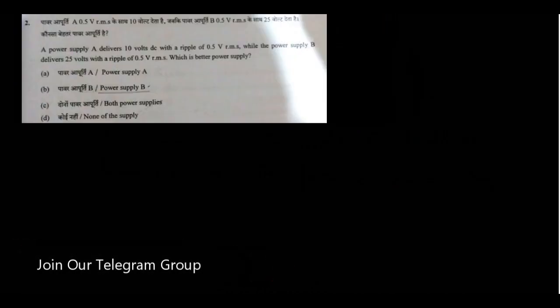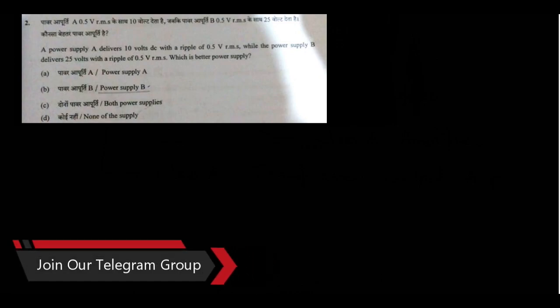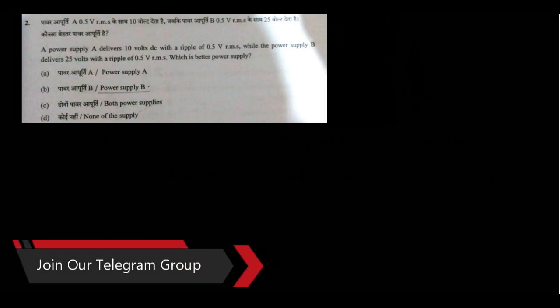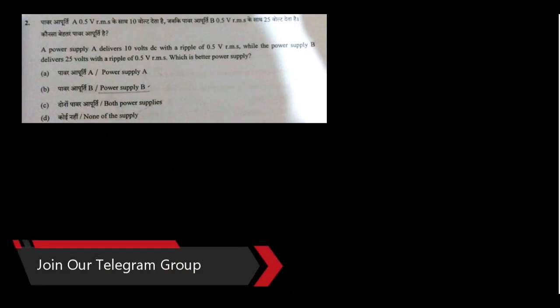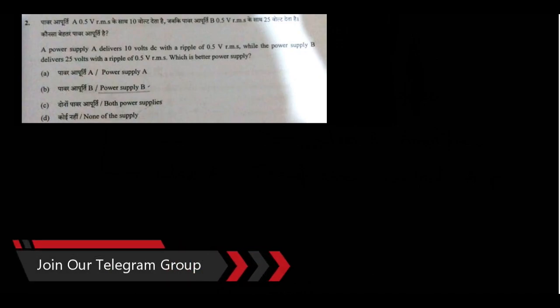A power supply A delivers 10 volt DC with a ripple of 0.5 volt RMS, while the output of supply B delivers 25 volts with a ripple of 0.5 volt RMS. Which is the better power supply?